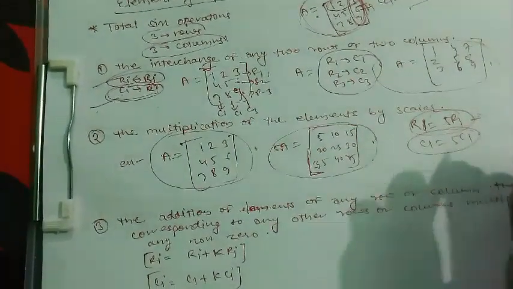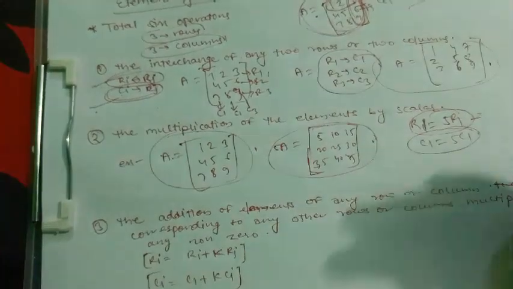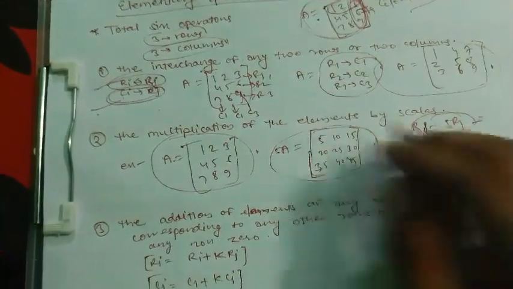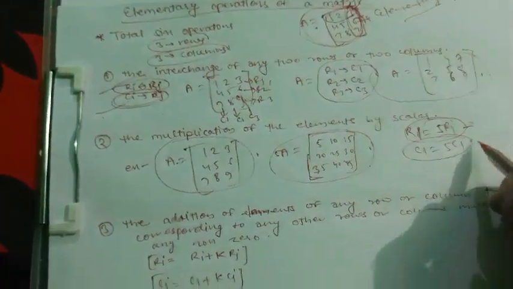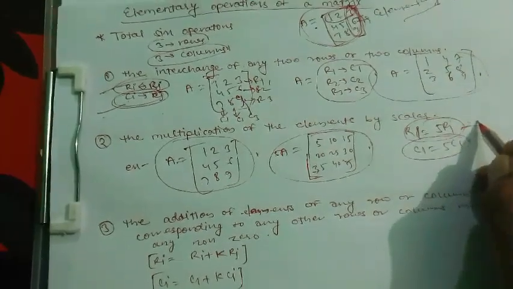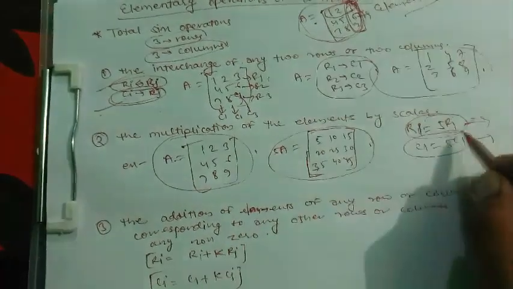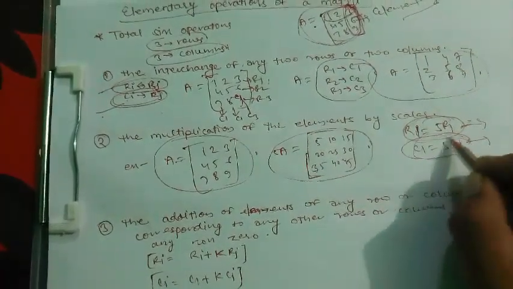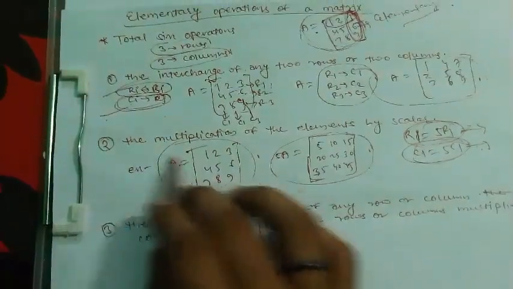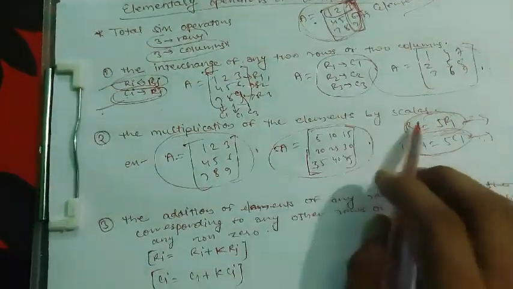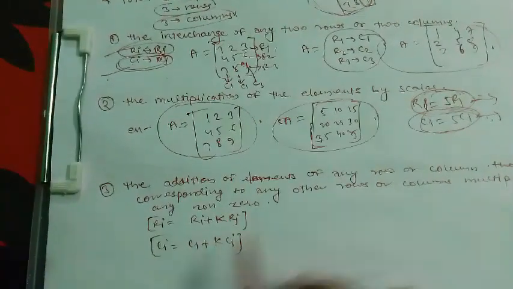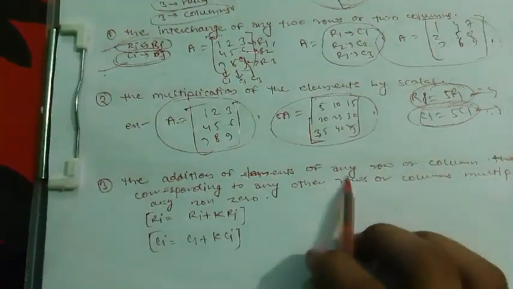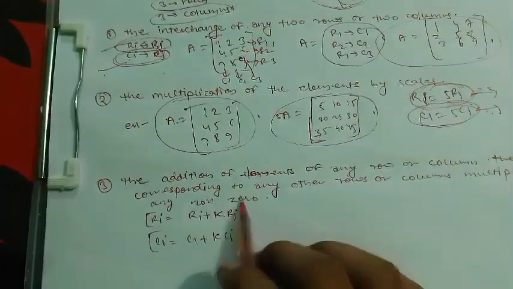So this can be done by us in this manner. Okay, so we will do it in a row or a column. So this operation is divided into two categories. So the second is the multiplication of elements by a scalar. This is done.